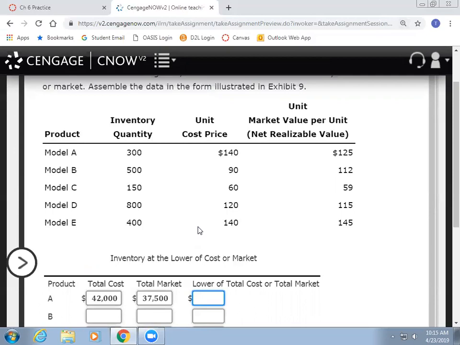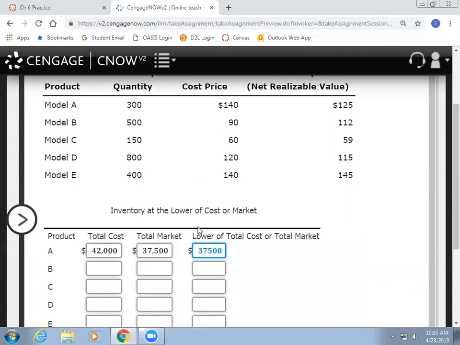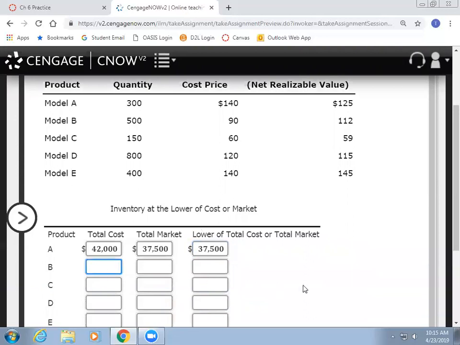So lower of cost or market is truly looking at our total cost versus the total replacement cost and choosing the lowest one. It's probably one of the easiest accounting calculations we have to do, right? You just pick the lower of the two. Model B, we do the same thing. So 500 times 90, so 45,000.